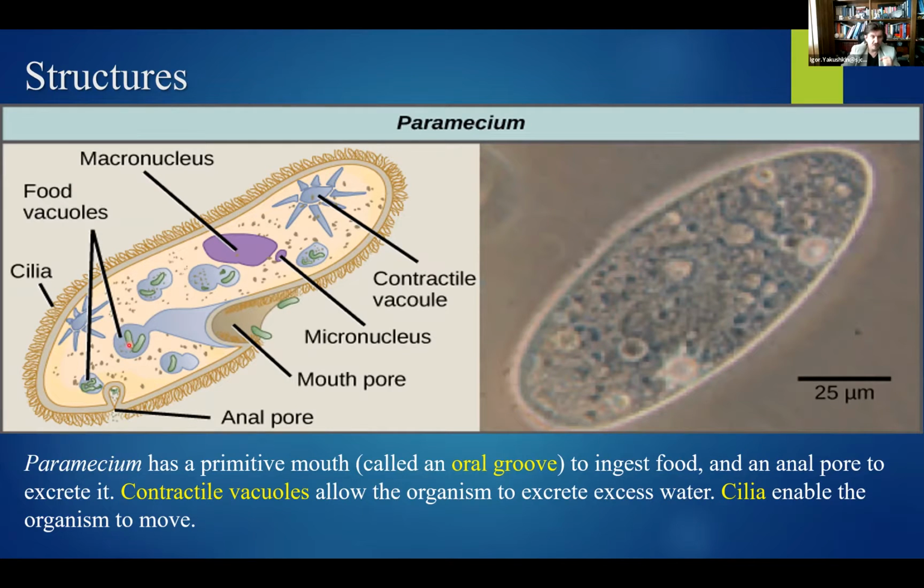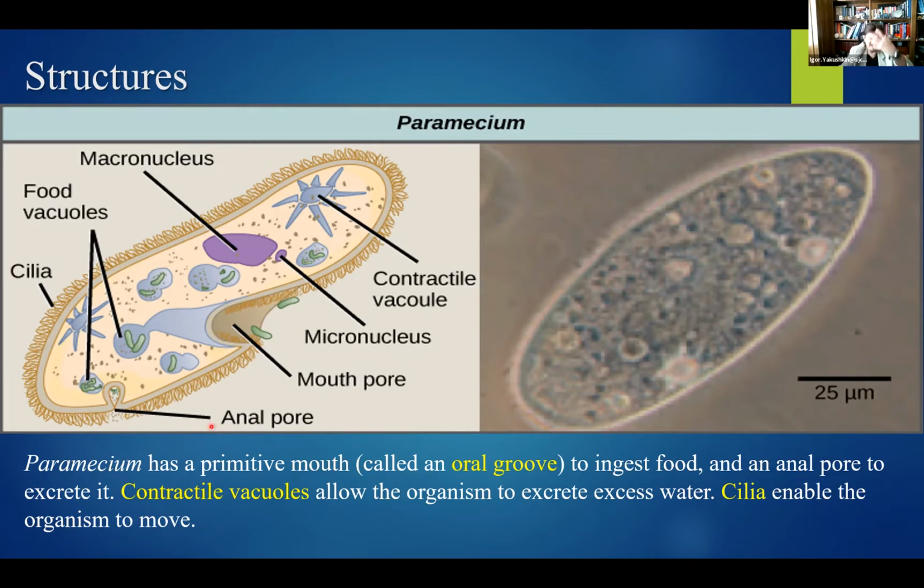The food vacuoles will be infused with digestive enzymes, and that food vacuole usually travels along. While it's traveling, the food inside of that vacuole will be digested, releasing the nutrients into the cytoplasm to nearby organelles. And then eventually, at the end, whatever is non-digestible will merge with the cell membrane, expelling whatever is undigested.